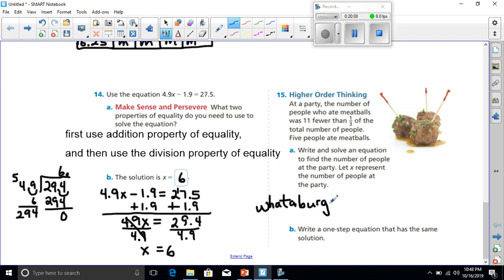Here is your secret code word for the week. Whataburger. And I know you're thinking I'm dumb, right? But at the bottom of it, it says family owned and operated.